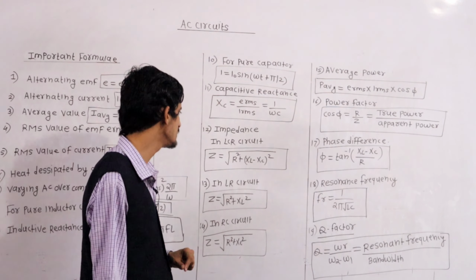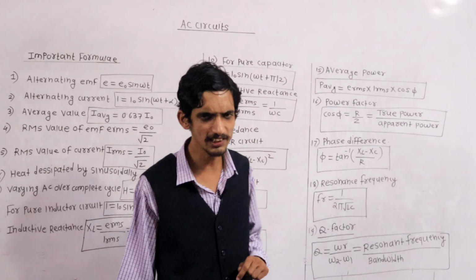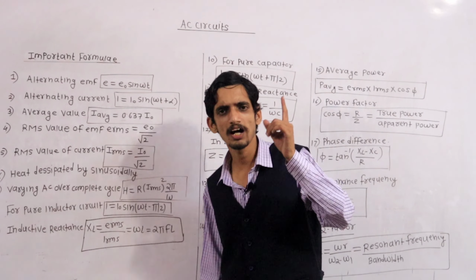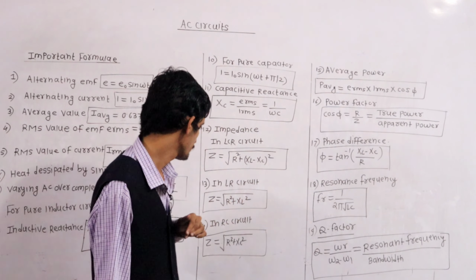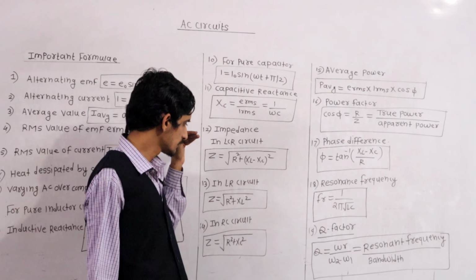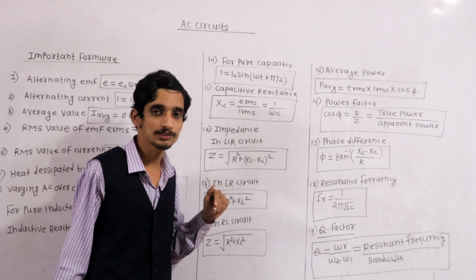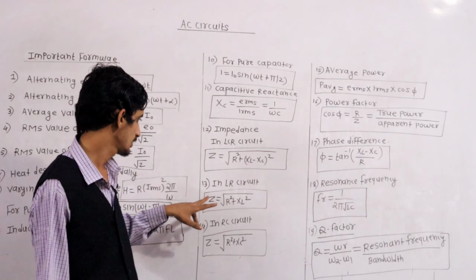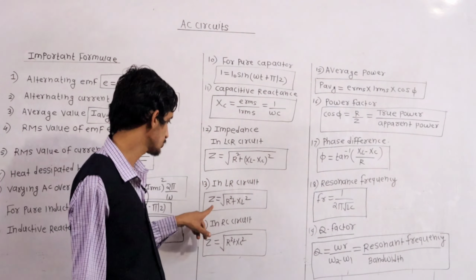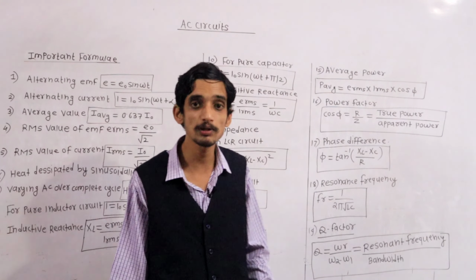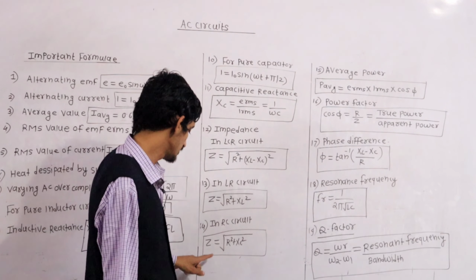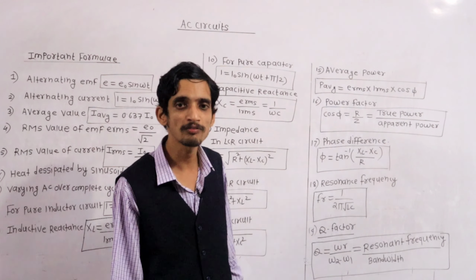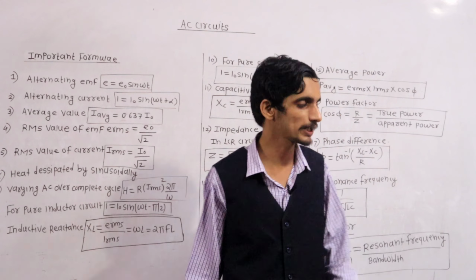Impedance in a series LCR circuit, Z, is equal to square root of R square plus (XL minus XC) whole square. As an extension, for an LR circuit C is 0, so XC is 0, that's why Z is square root of R square plus XL square. In an RC circuit, Z is equal to square root of R square plus XC square.